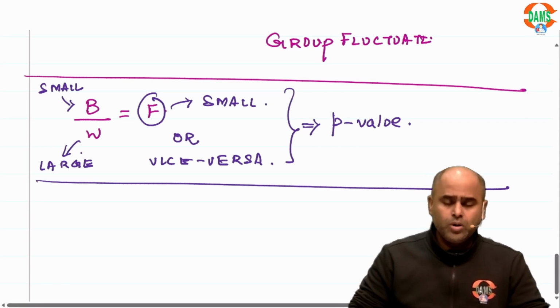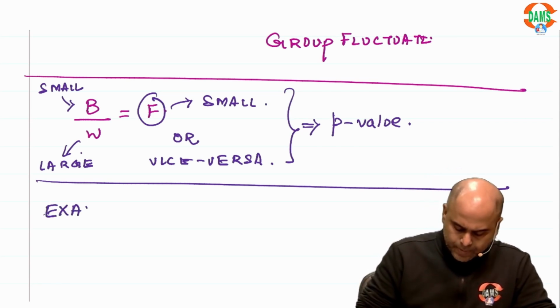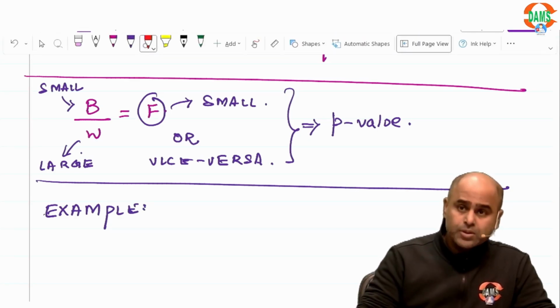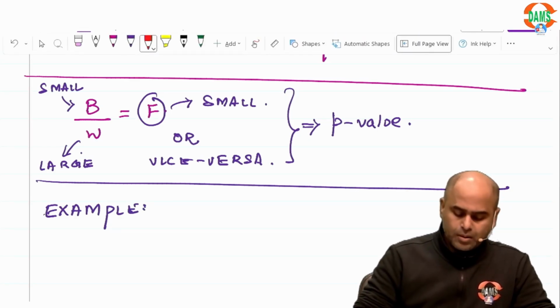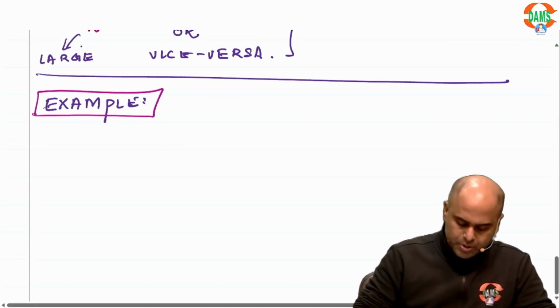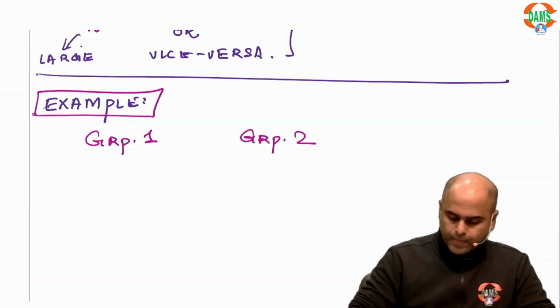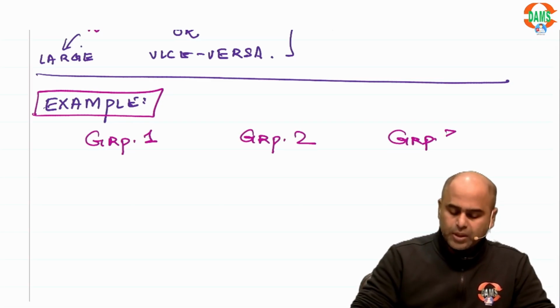Let me help you out with an example. Now suppose we have three groups: group 1, group 2 and group 3.